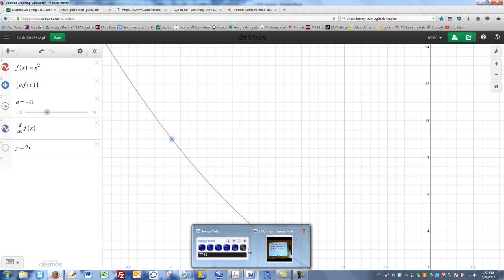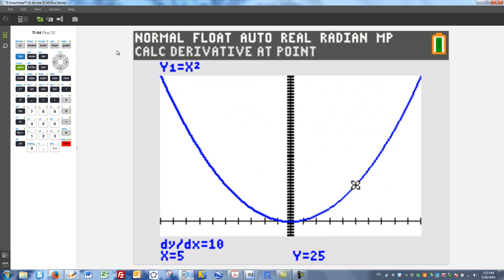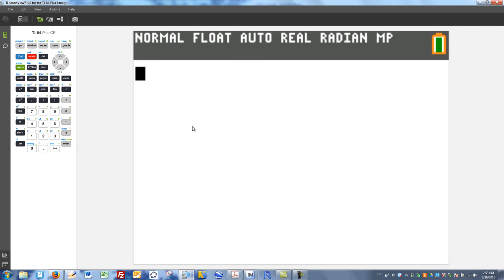When I hit that on my calculator, what do I get? Negative 1 divided by 0.15.